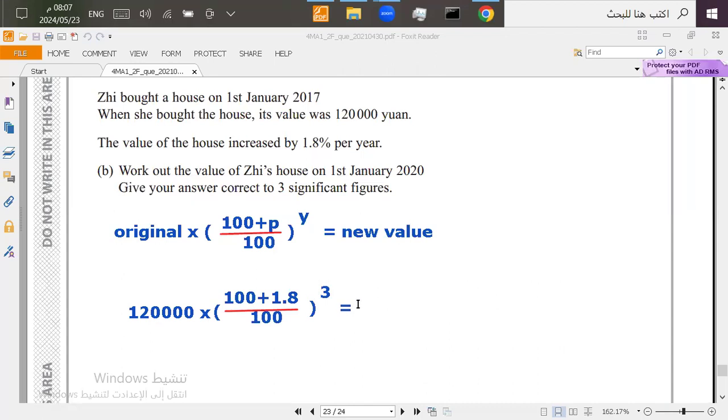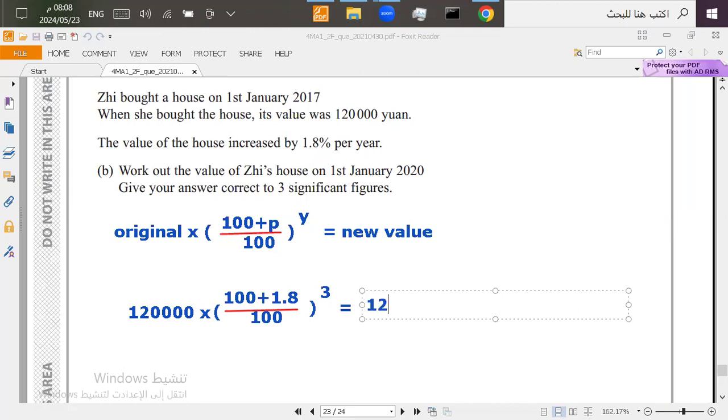Now, when I do it in the calculator, it will give me, let me do it very fast. So 120,000 times bracket 100 plus 1.8 over 100 power of 3.